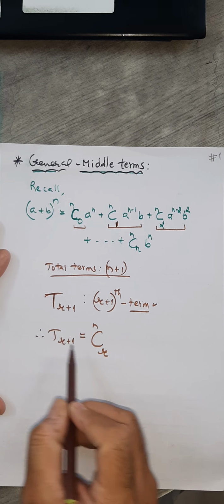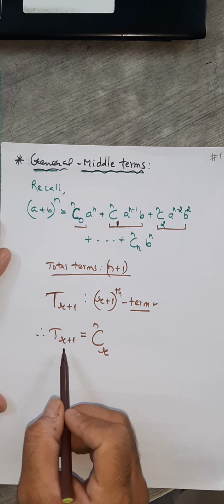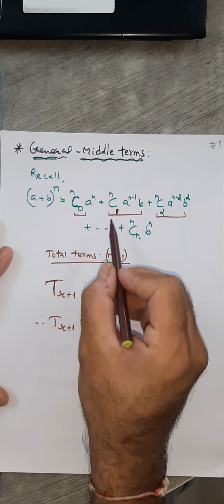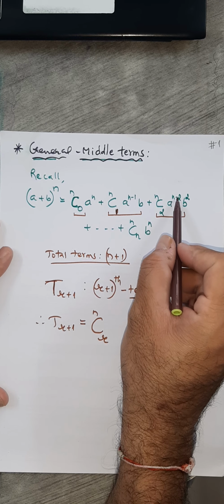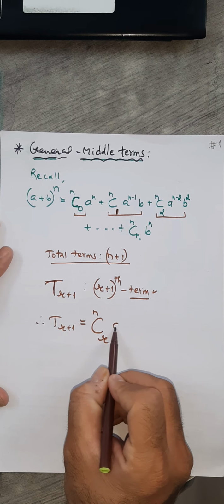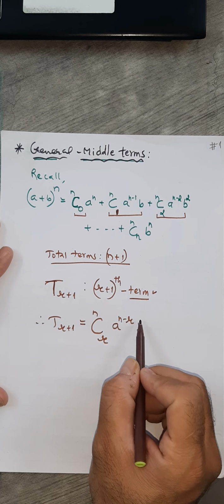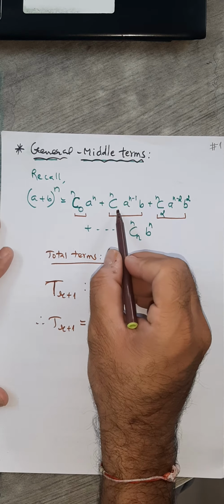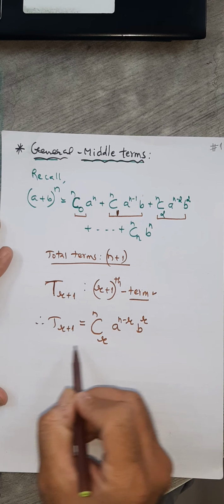So nCr, this index will be one less than the term number. Once you have 1, then a raised to n minus 1. If you have 2, then a raised to n minus 2. So here what I'll get is a raised to n minus r, and the total power is always n here. So if you have 1, this is 1. If you have 2, then 2. So here it must be b raised to r.